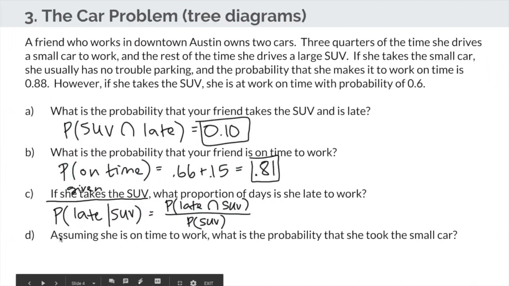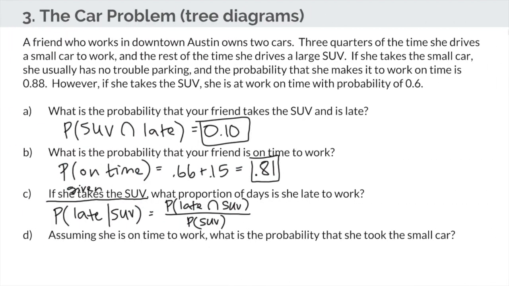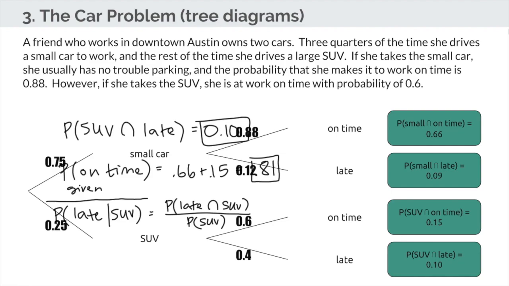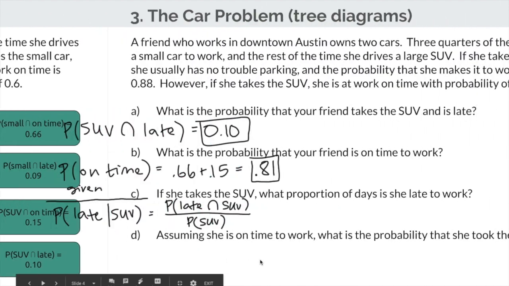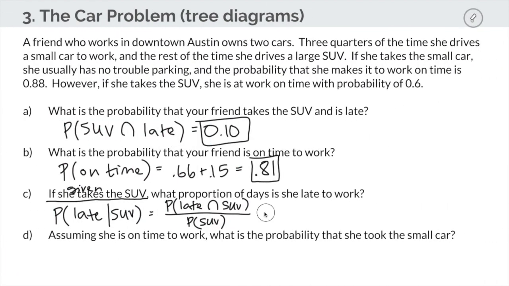So I could fill those in and I would get the same answer, but I can also just look at my table and see, given that she took the SUV, so looking at this branch of our tree, we can see that the probability of being late is 40%. We can just look at our tree and get that same number. So overall, this probability is 0.4. Again, we can use the formula to get that number, but we can also just look at the table because we have that.